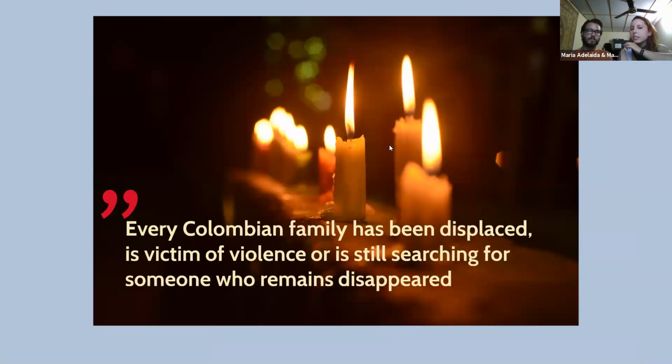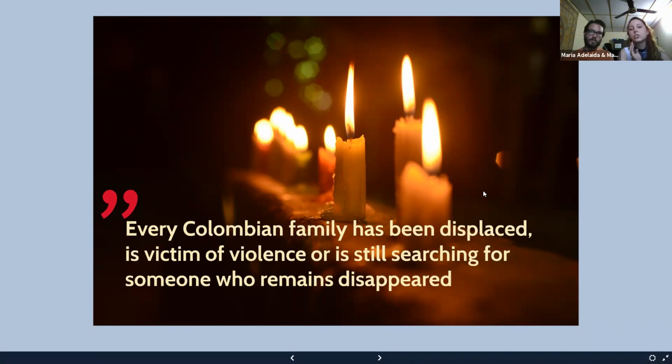So this is a phrase from someone in one of the organizations that we accompany, the Organización Femenina Popular, the women's popular organization. A woman from there said, every Colombian family has been displaced or is a victim of violence or is still searching for someone who remains disappeared.